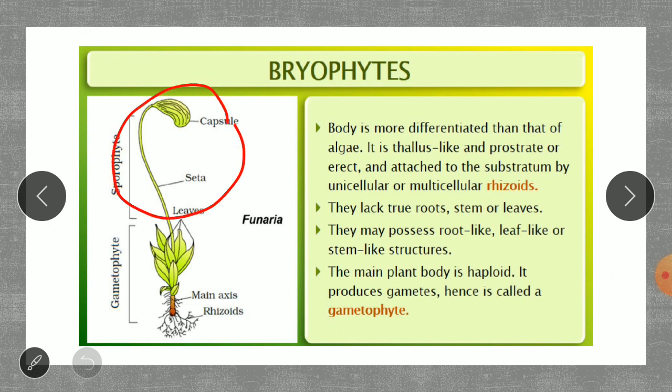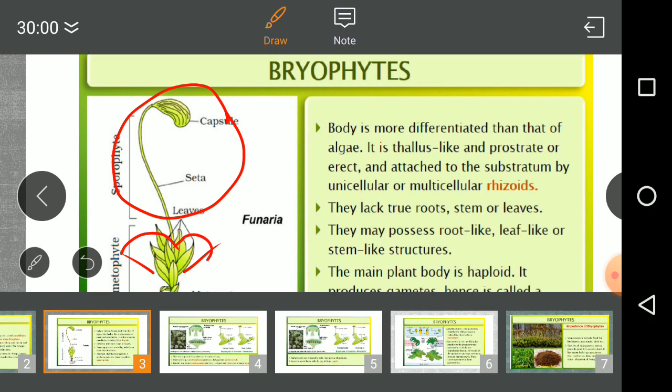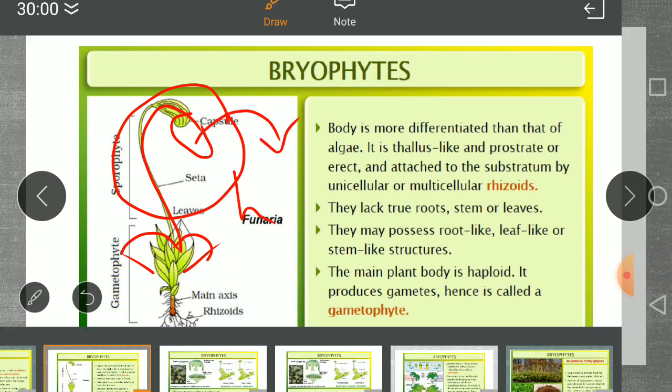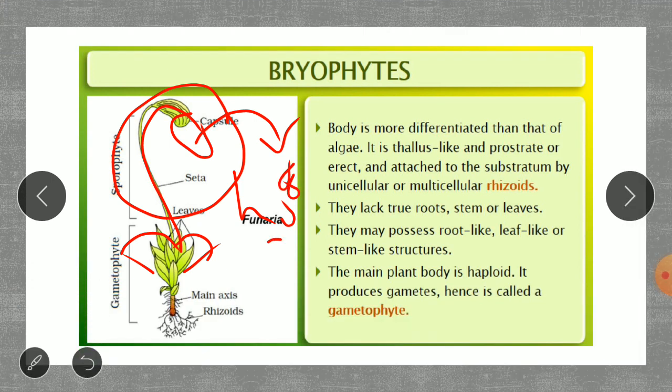This is the sporophyte. So when the male and the female gametes are released, they form a zygote, and this zygote gives rise to a sporophyte. This sporophyte after maturation gives rise to the haploid spores, which produce the gametophyte.